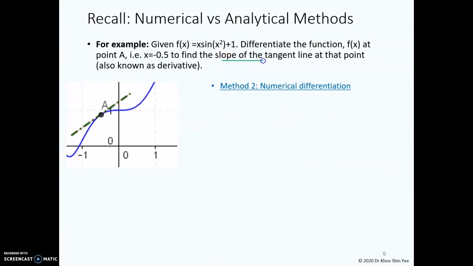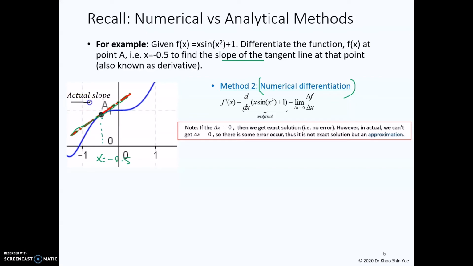How can we solve the same problem, which is to find the slope at x equal to negative 0.5, but in this case, using the numerical differentiation? To find the actual slope here, if you know the delta f and delta x here, then by using this formula, you can find the differentiation.